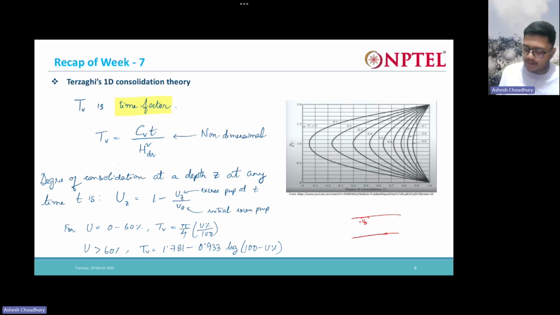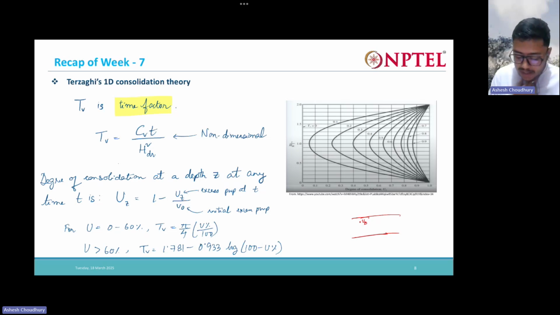So at time t, the pore water pressure dissipates and reaches uz. From that we can get the degree of consolidation at that point. This is a capital Uz or capital U.